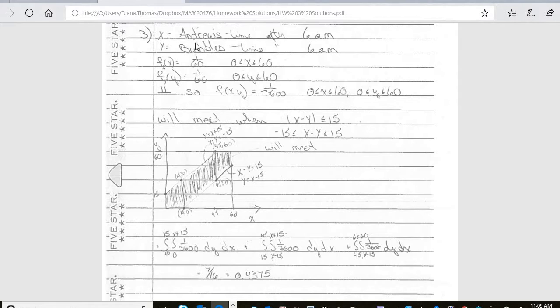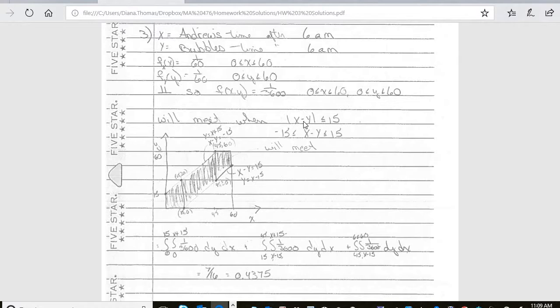Again, she's defined her random variables up here, and she's got her uniform function and her PDF up here, for the bivariate formulas that she needed.